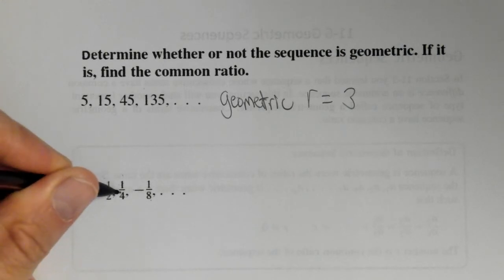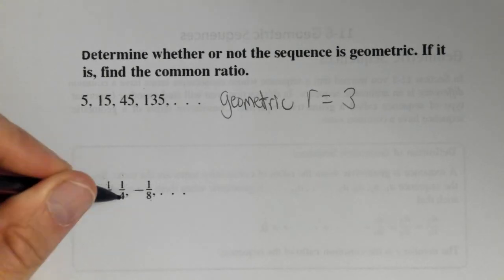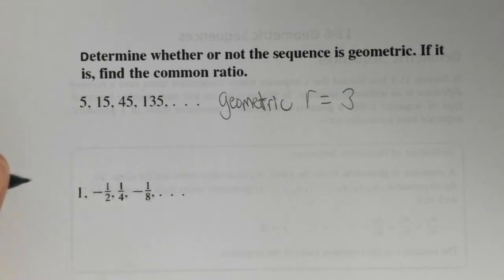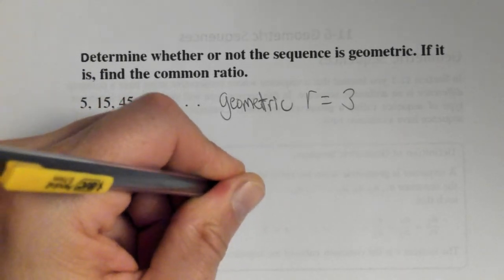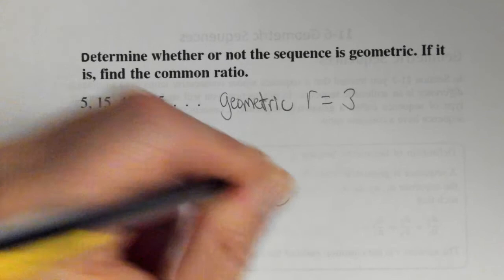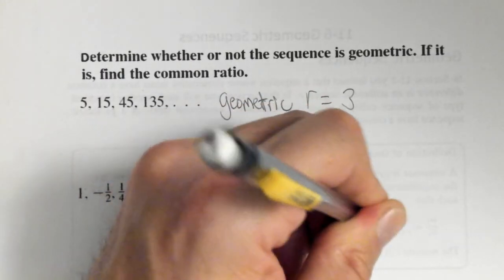Negative and negative makes a positive, so we're still good. Try it again. Times negative 1/2. That would change it back to negative. 1 times 1 is 1, and 4 times 2 is 8. So I believe we have found our common ratio. It is geometric. And my common ratio here is negative 1/2.